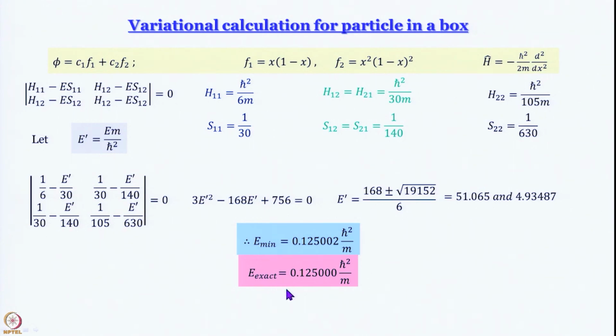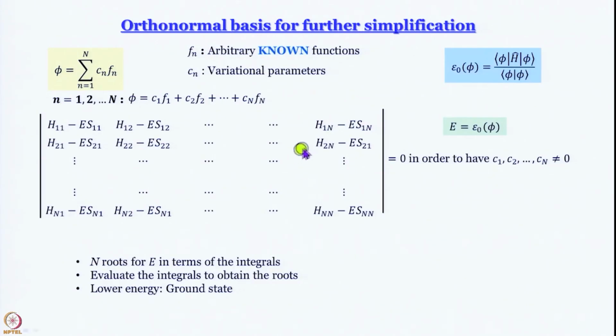So, we are good here, but just because it has worked nicely for particle in a box does not mean that it will work if we use arbitrary wave functions for more complicated systems. We want to simplify it. That is why we want to talk about orthonormal basis. So, in this linear combination, we want to write these fn's that are members of a complete orthonormal set.